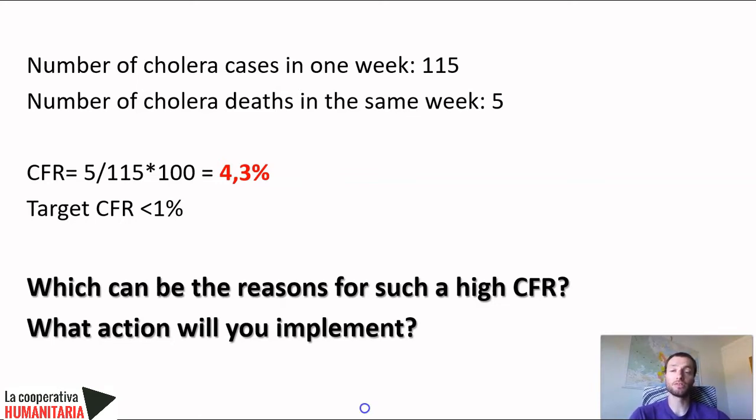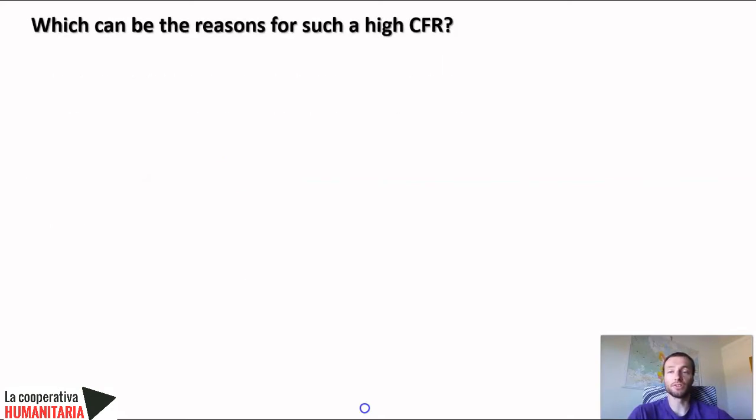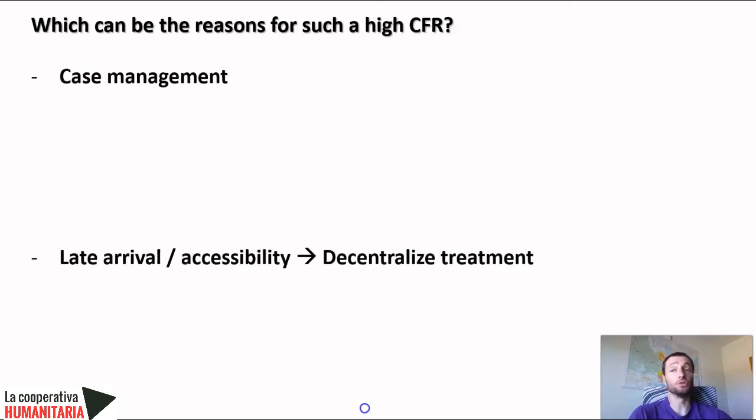Okay, so one possible answer could be that the reasons why the case fatality rate is so high can be divided into case management. The medical staff is not managing the cholera patients properly, for different reasons, or there is late arrival. Sometimes accessibility is the problem. If patients arrive too late, the medical department cannot save their lives.